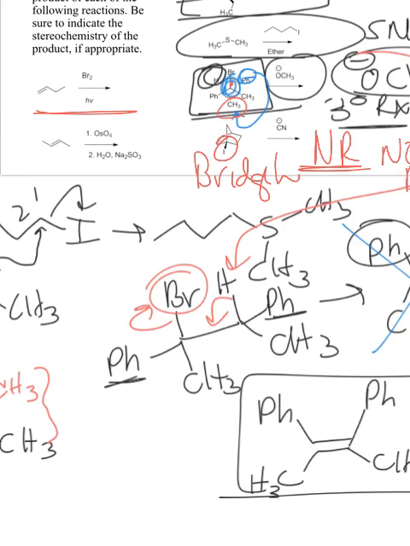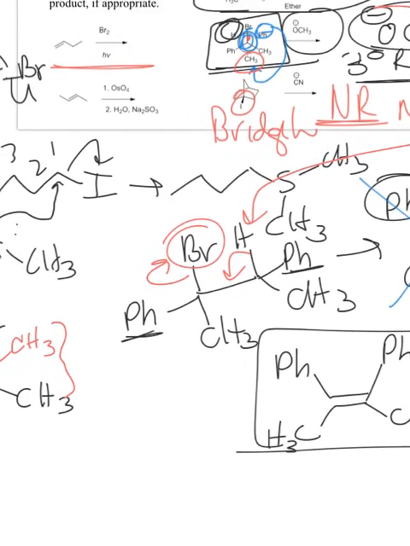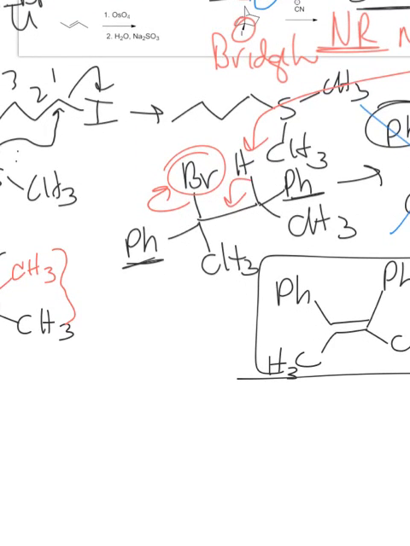Then it's going to react with another bromine and form another bromine bond, and your answer then will be a dibromide.